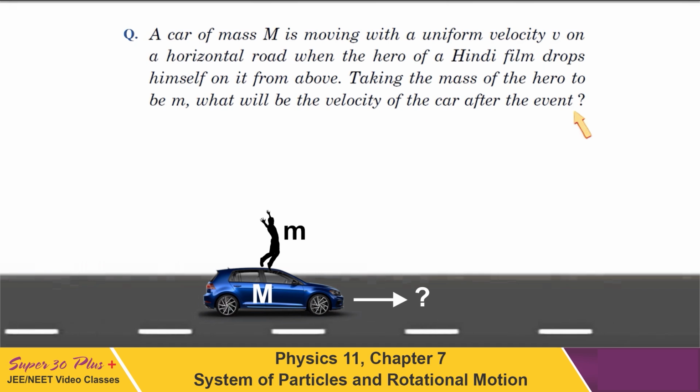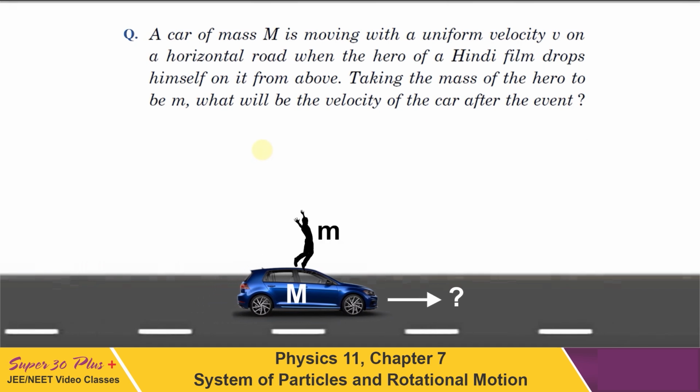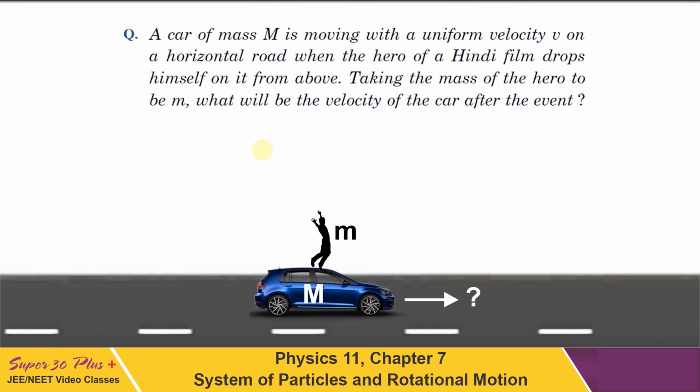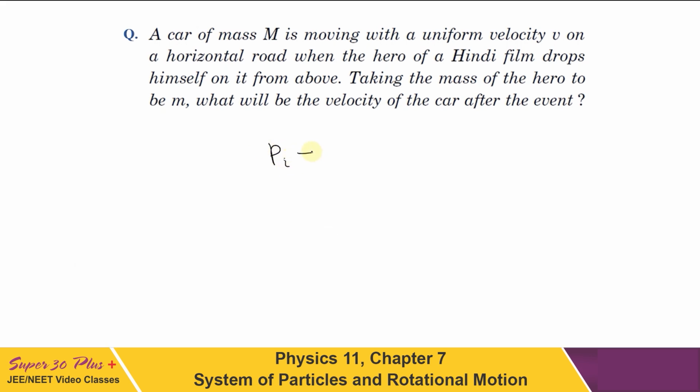Now here if we consider initial momentum for the hero in horizontal direction, it has to be equal to 0. So for the whole system, if we write initial momentum in horizontal direction, that will be equal to mv, that is momentum for the car, and it will be towards right because the car is moving towards right. Finally, the hero is sticking to the roof of the car, so they are moving with, of course, equal horizontal velocity.